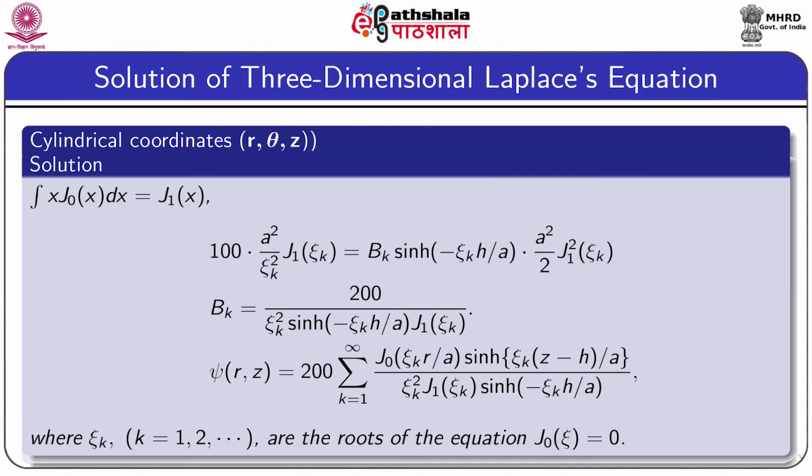So these are the values of Bk. You have to remember that these xi k are the roots of the equation J0 xi equals 0.